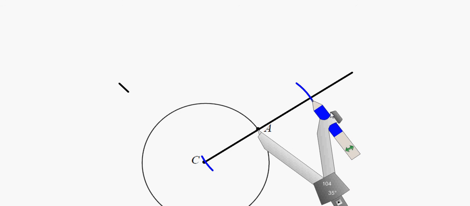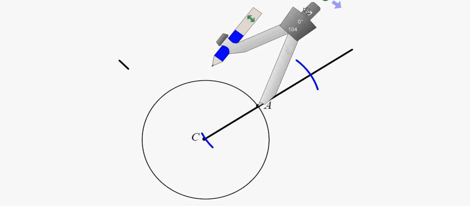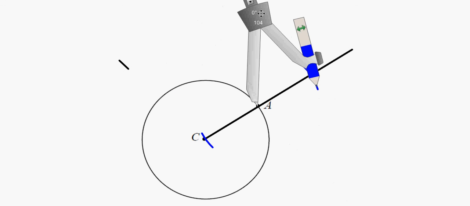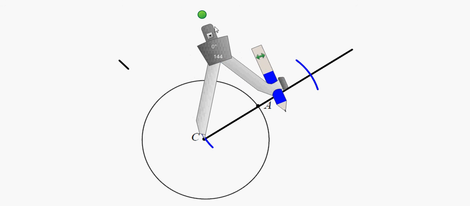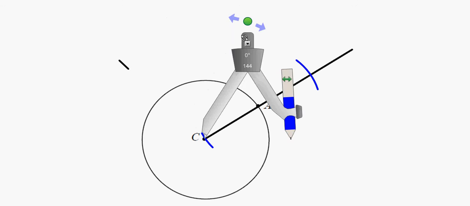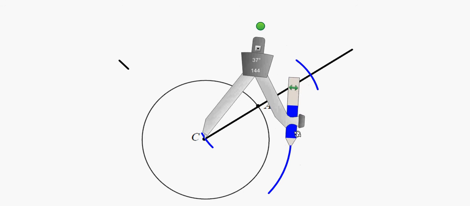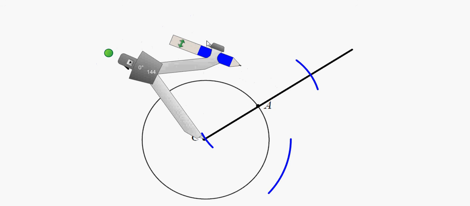Okay, so next step after that is to get your compass back up again, and measure a distance that's far bigger than A here. Okay, and what you're going to do next is make 2 marks, so 1 mark down here like so, and then a mark above the line like so.